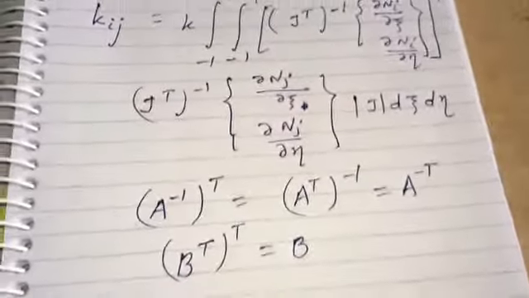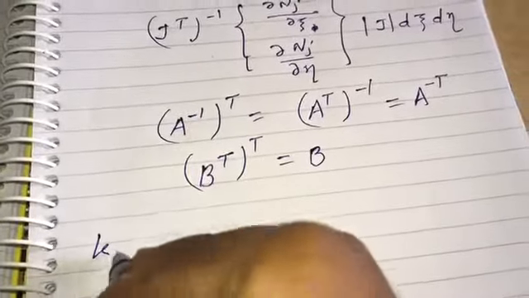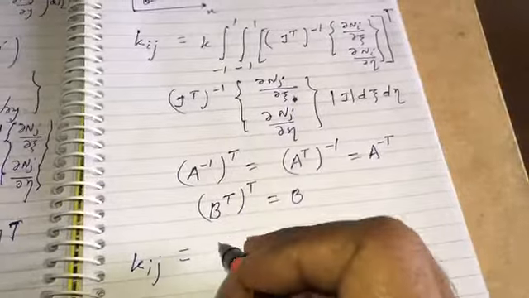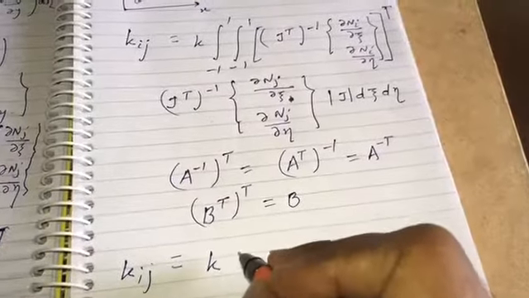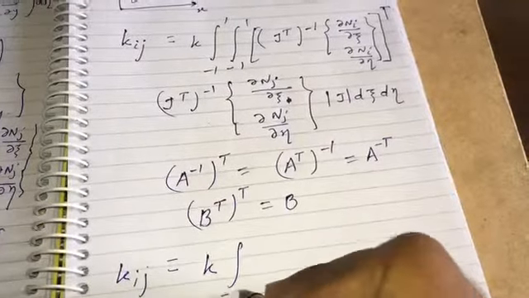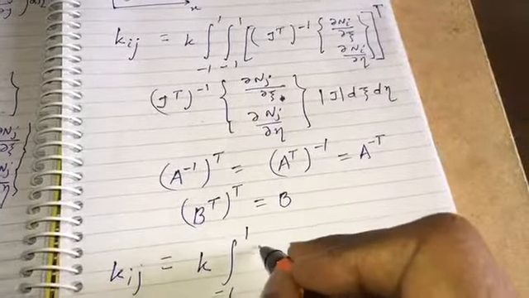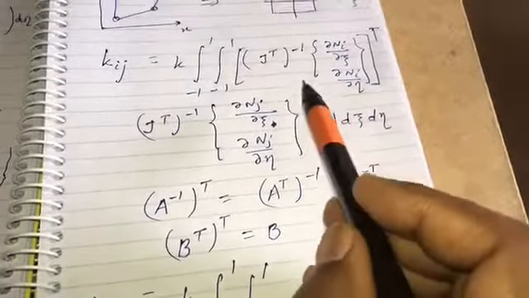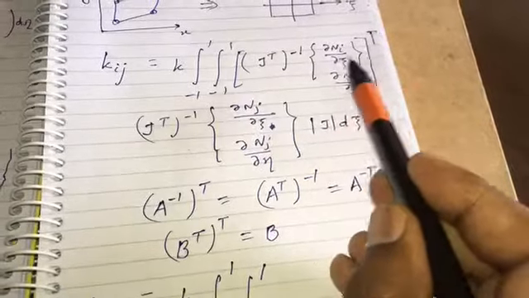So finally what we get is Kij equal to a small k, integral minus 1 to 1, minus 1 to 1. Now here we have the transpose of the whole thing.